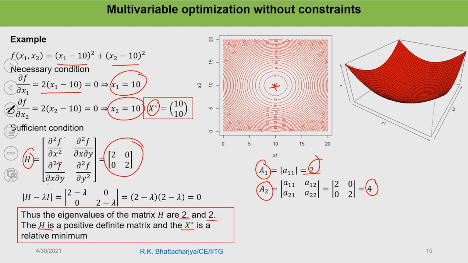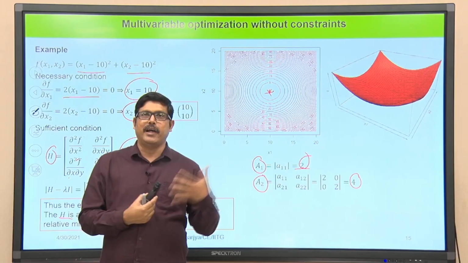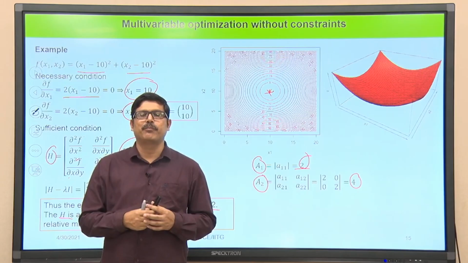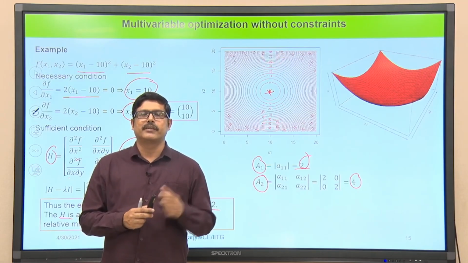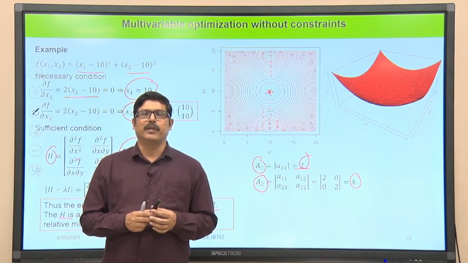I have also shown you the contour map here. You can see from the contour map also this is a minimum point. I have shown it using the Hessian matrix also: the Hessian matrix is a positive definite matrix and therefore x star is a relative minima.